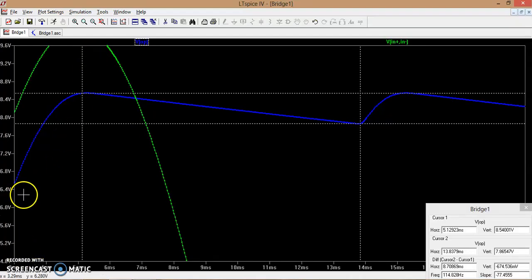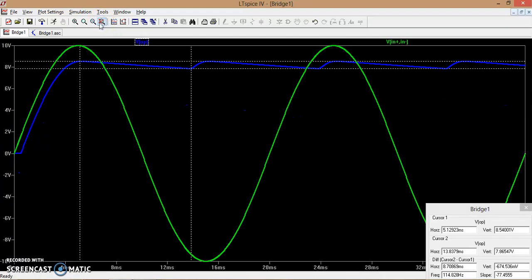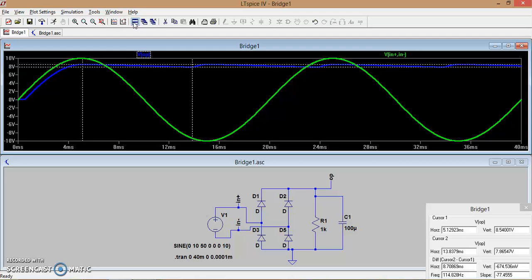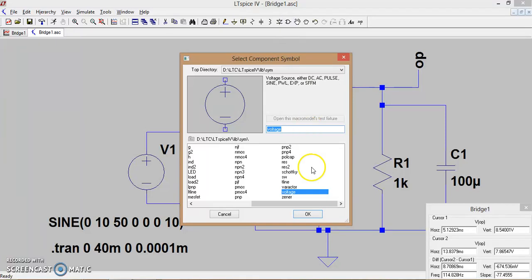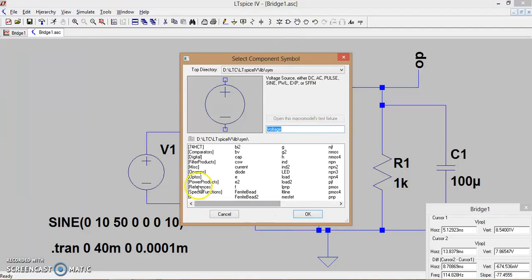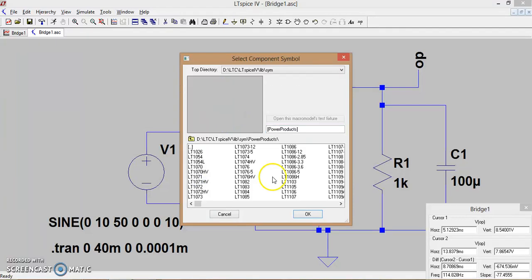So let us see the regulated circuit. We connect a regulator to this circuit and then redo the simulation. In order to get the regulator, go to components. Here we have so many libraries in which there are power products.